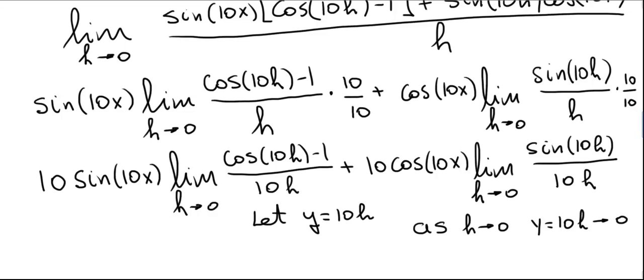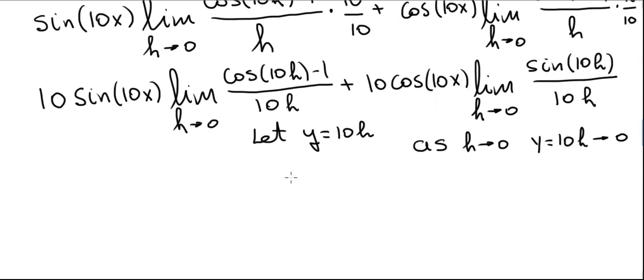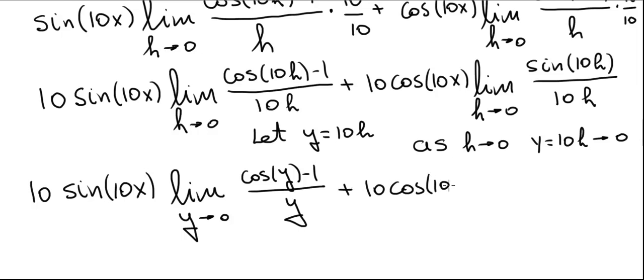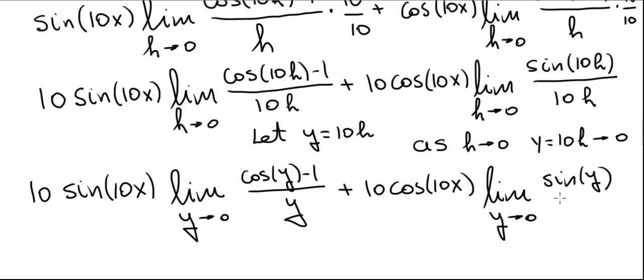So we can express each limit as first 10 times sine of 10x times the limit as y approaches 0 of cosine of y minus 1 divided by y, plus 10 times cosine 10x times the limit as y approaches 0 of sine of y divided by y.